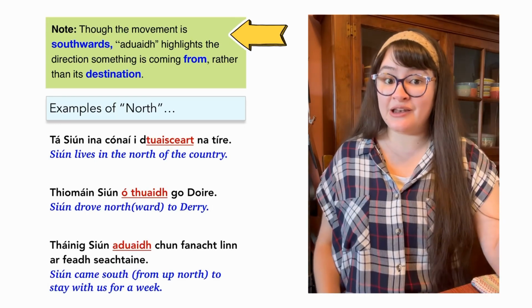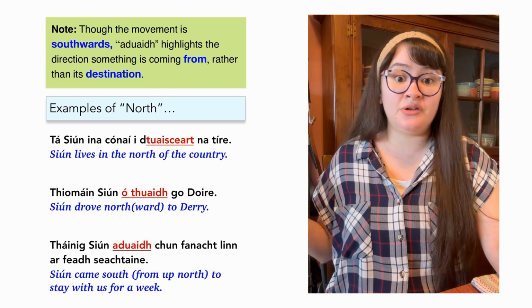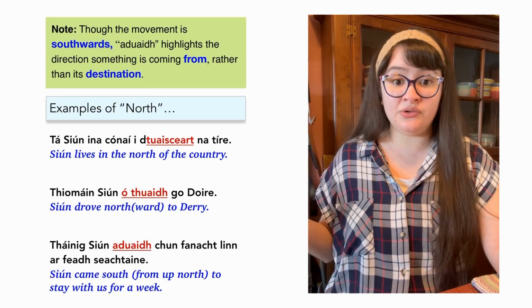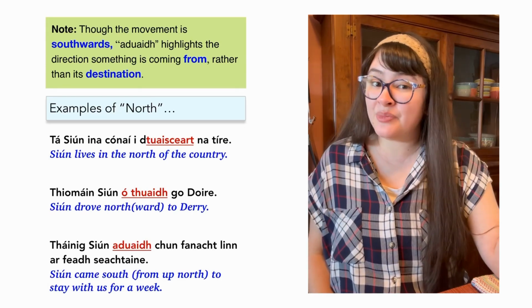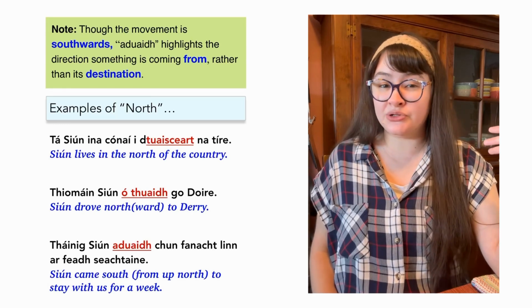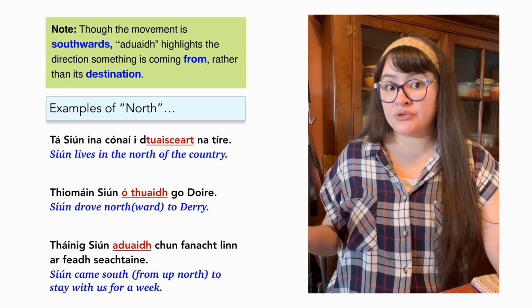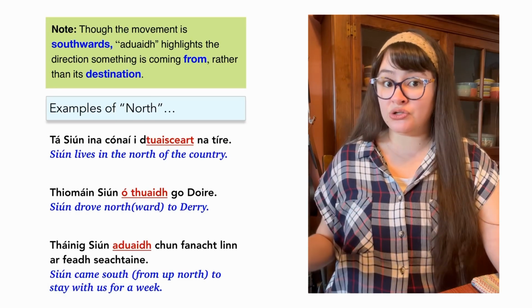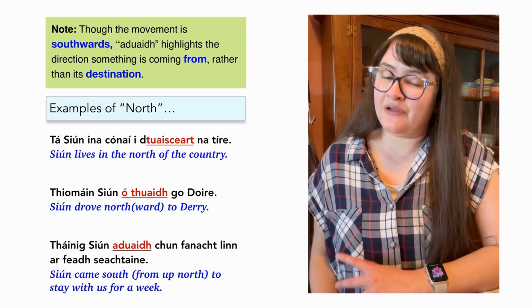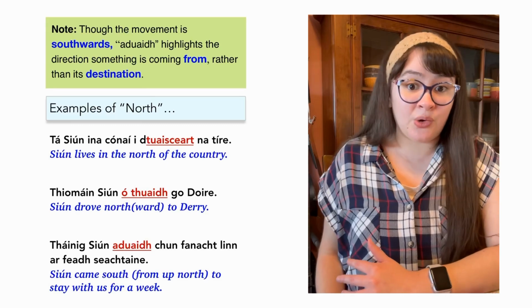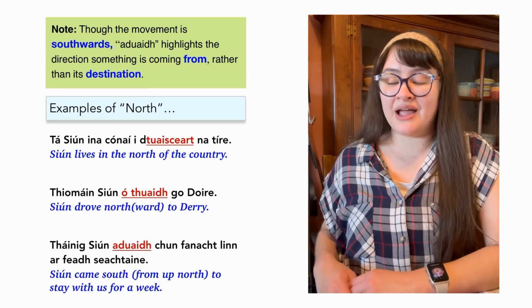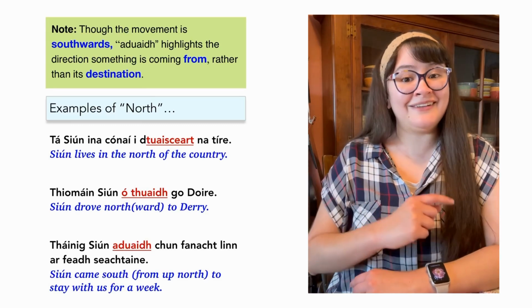And as you'll see later, of course, you can choose to say to the south in place of adue in a lot of cases. But depending on the situation and the perspective being discussed, then sometimes you'll need to or want to highlight where something is coming from rather than where it's going to. So that's why words like adue are important.